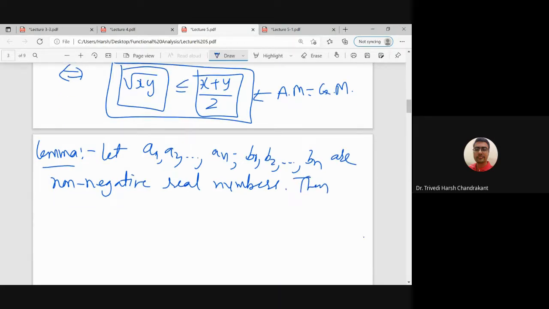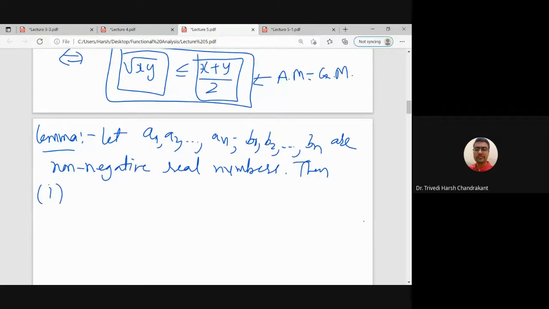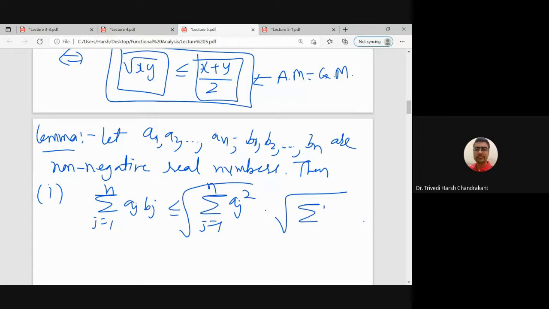Then we want to show the first inequality, which is the summation of aj bj, j running from 1 to n, is less than or equal to the square root of summation aj square times the square root of summation bj square.